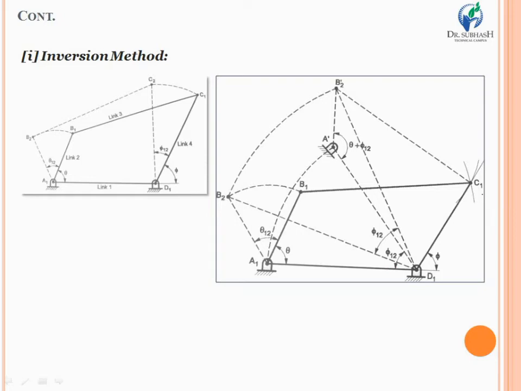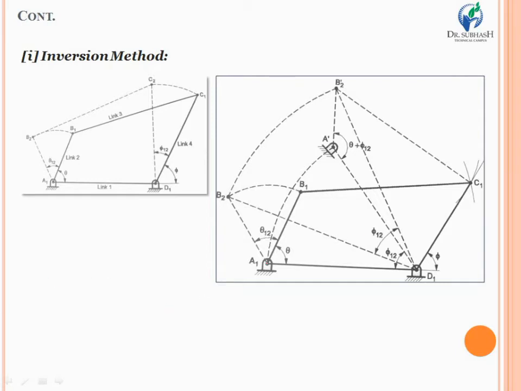Initially we have the fixed location of a point C1. So if you are analyzing this graphical analysis through the inversion method, you can conclude that the link A1, B1, C1 and D1 that is shown in the figure indicates the first position.